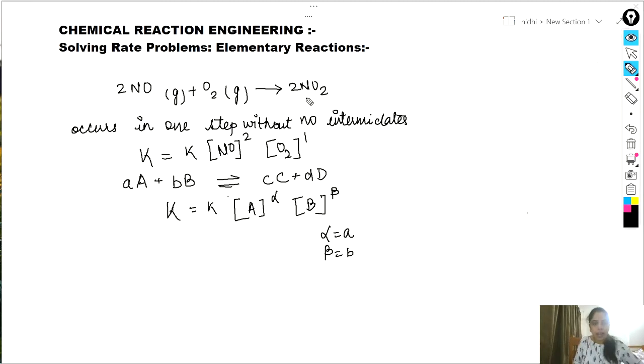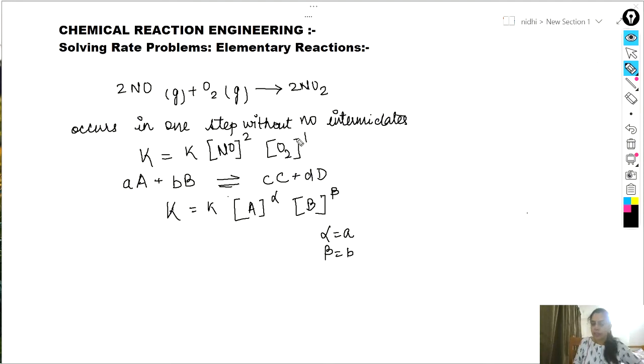So for this reaction, because we have two NO, the rate will be equal to small k, some rate constant, times NO raised to the second power. So it's second order with respect to NO, and we have a single oxygen, so O2 is raised to the first power.